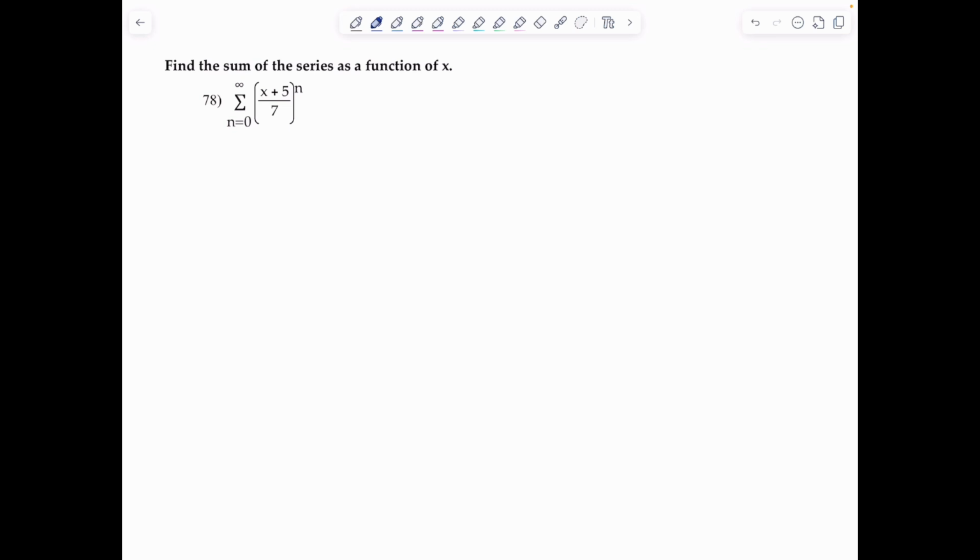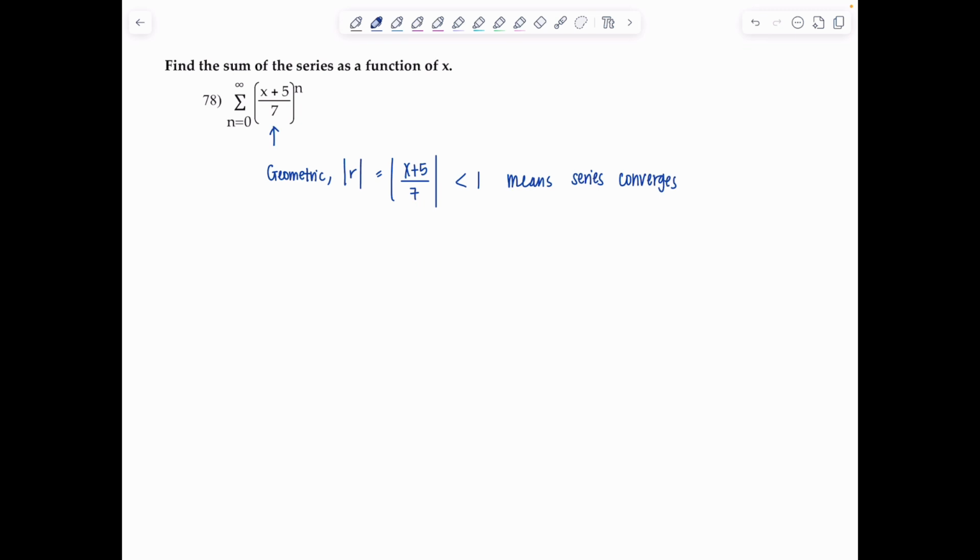You need to first identify the fact that this is essentially a geometric series, and the absolute value of r would be the absolute value of x plus 5 over 7. And we know our geometric series converges when this r is strictly less than 1. That means the series converges.